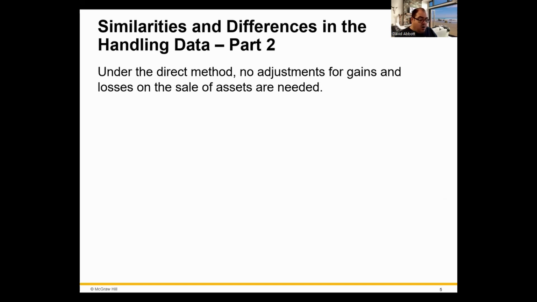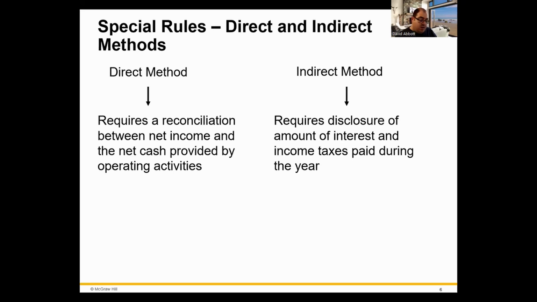Now, regarding gains and losses on the sale of assets, no adjustments are needed at all under the direct method. These gains and losses are ignored because they are not part of sales, cost of goods sold, operating expenses, or net income.